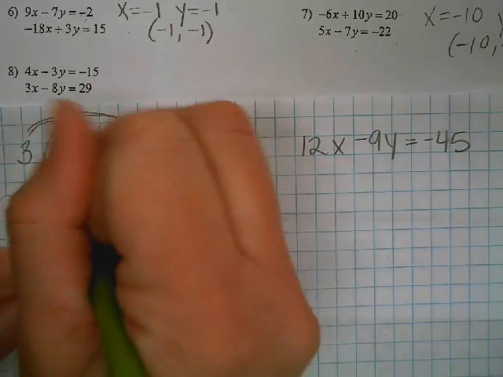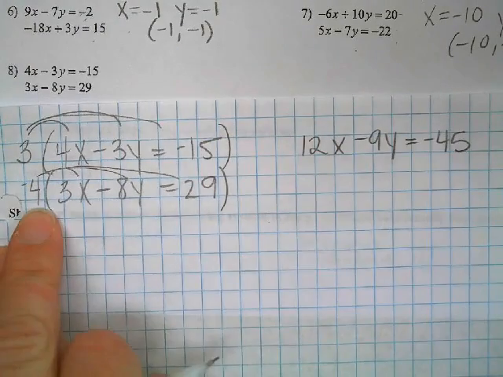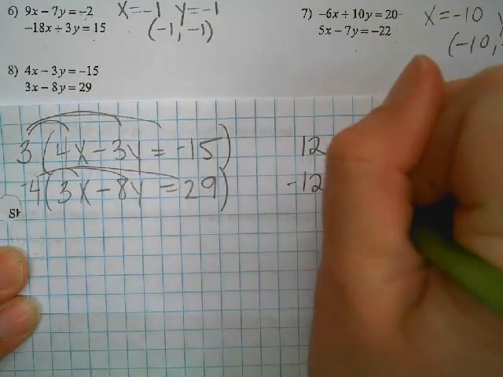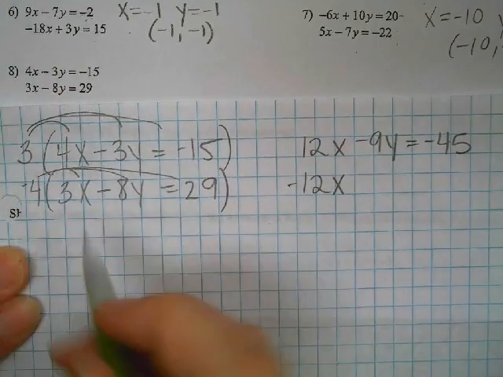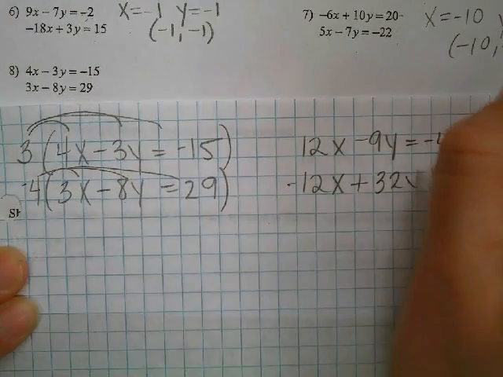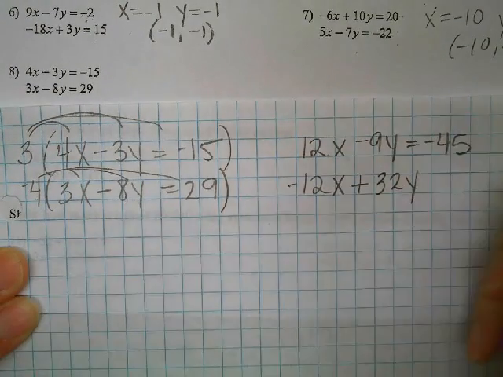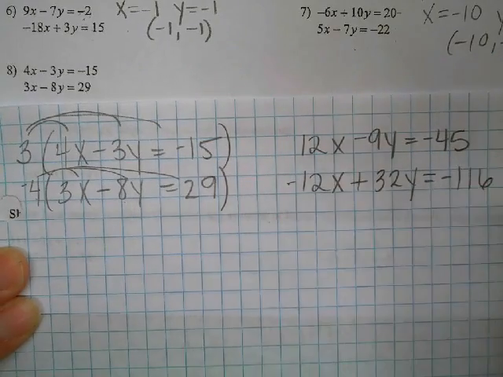If I distribute a negative 4 to the bottom, negative 4 times 3x is negative 12x. Negative 4 times negative 8y is positive 32y. And negative 4 times 29 is negative 116.